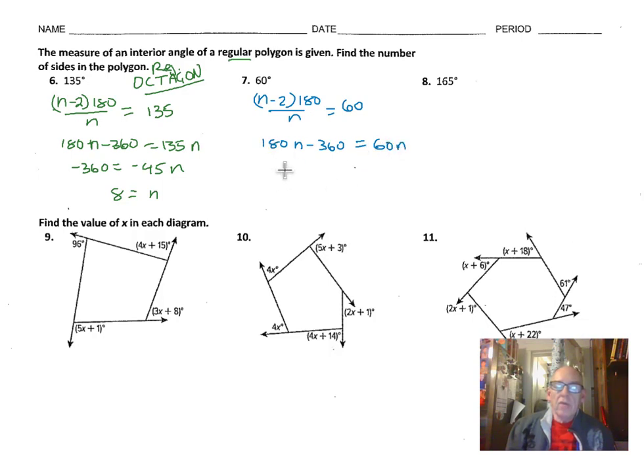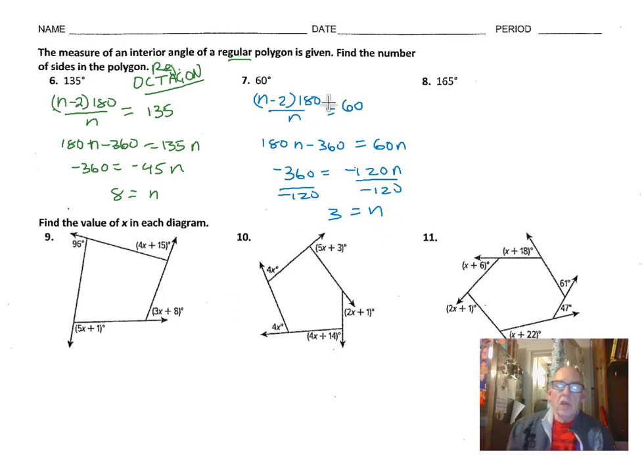Take away 180n from both sides, we have negative 360 equals negative 120n. Divide both sides by negative 120. We get n equals 3.